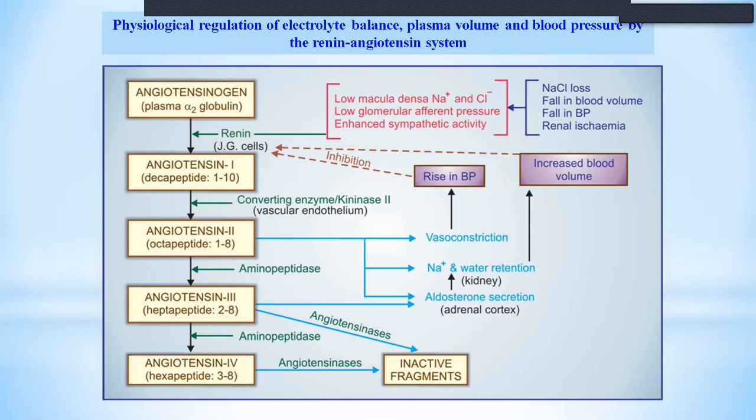Whereas angiotensin 3 is converted to angiotensin 4, which is a hexapeptide. Actually, angiotensin 3 is converted to inactive fragments with the help of the enzyme angiotensinase, and the same enzyme acts on angiotensin 4 also to form inactive metabolites. So the ultimate action is sodium chloride loss and a fall in blood pressure.